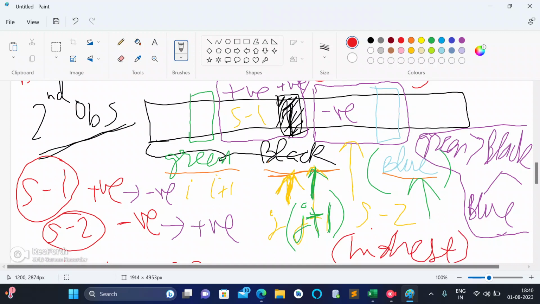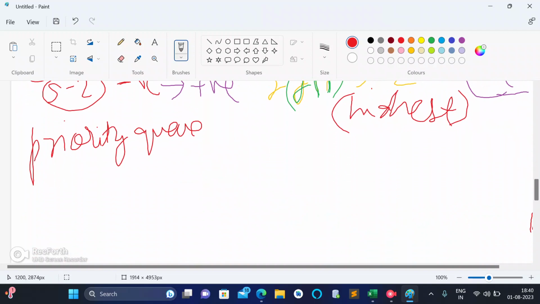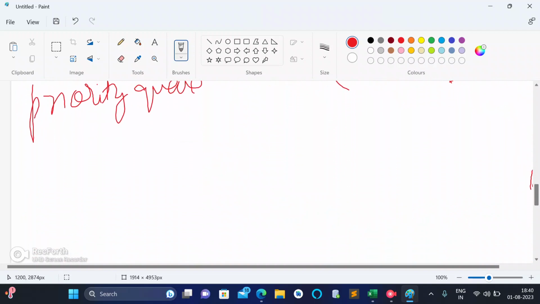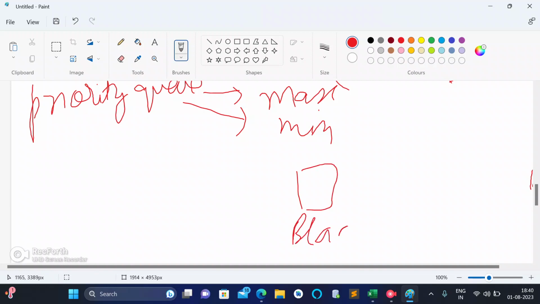So this is an important note that we must change the highest one, and as we are required to change the highest one, we require two types of priority queue, because at every instance a priority queue can give us either the max value or the min value. So we require two priority queues, one is max priority queue and the other is min priority queue.